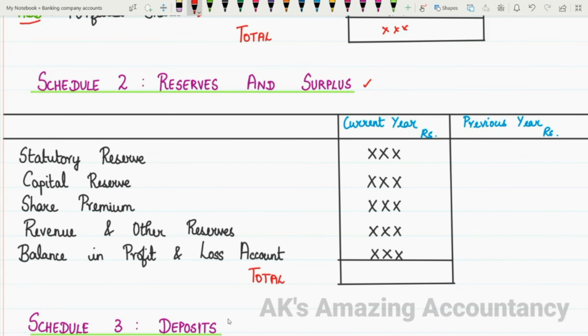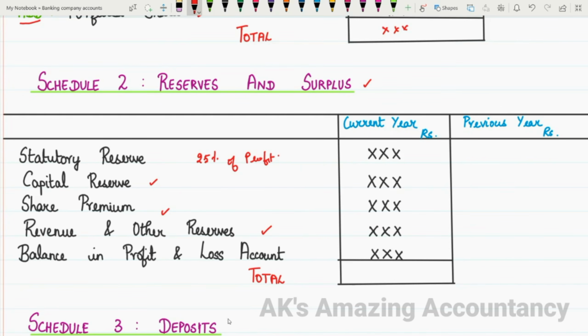We used to create that at 25% of profit when we prepare the P&L account. That 25% of profit statutory reserve will come here. And if you have any capital reserve available in the problem, that will be recorded here. If you have any share premium, that again will be shown here. And if you have any revenue and other reserves, that you have to record.